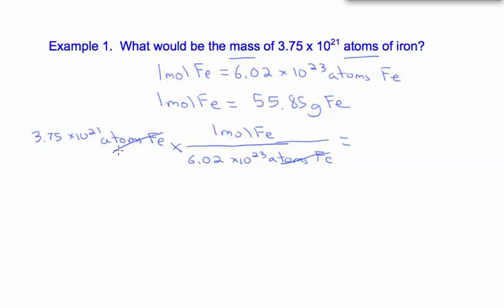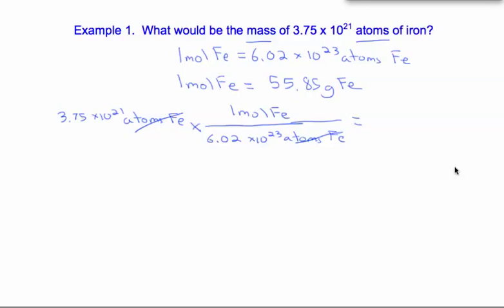So when we do 3.75 times 10 to the 21st divided, make sure you put your scientific notation in parentheses. So you get 0.006229 moles of iron.